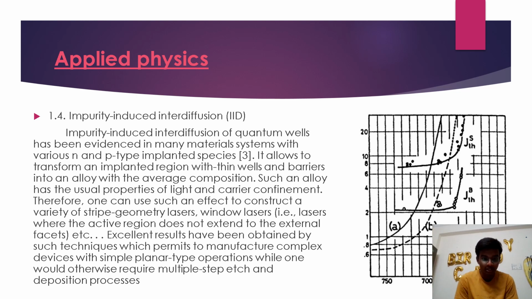Therefore, one can use such an effect to construct a variety of strip geometry lasers, window lasers, that is, lasers where the active region does not extend to the external facets, etc. Excellent results have been obtained by such techniques, which permit one to manufacture complex devices with simple planar type operations, while one would otherwise require multiple steps and deposition processes.